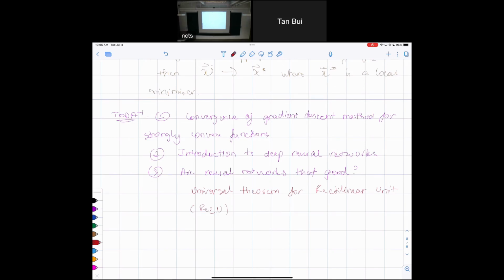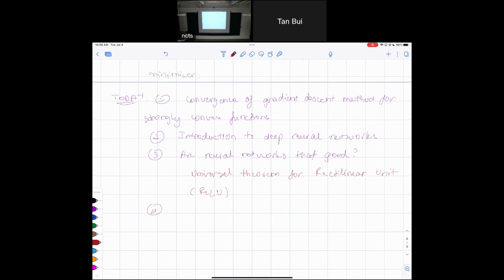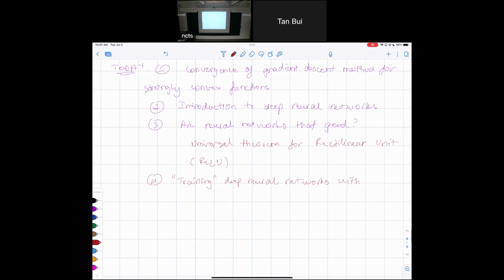Depending on our time, if not, we can wait until tomorrow, and then we go back to how to train. Of course, I'm going to introduce what I mean by training later: training deep neural networks with gradient descent via backpropagation.